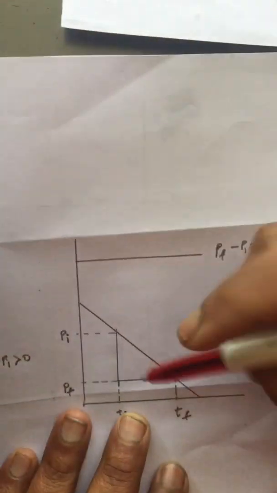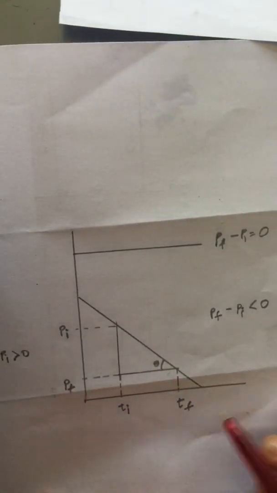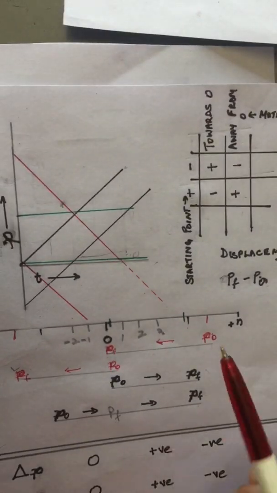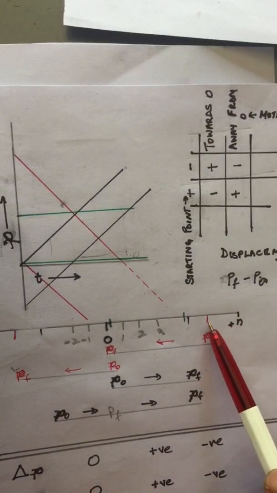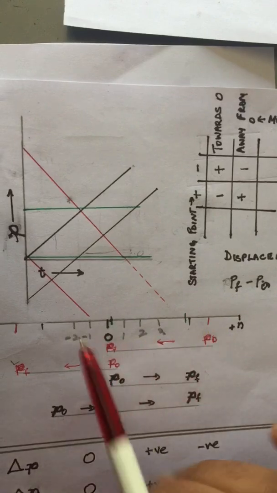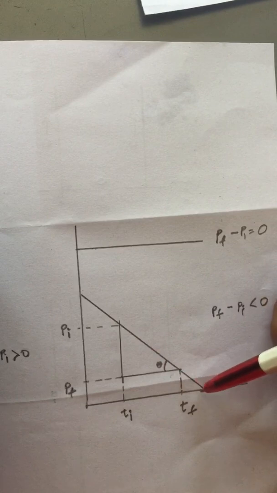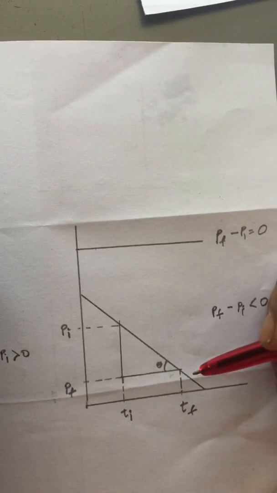In the second case, let us take, as time proceeds, we find that the object is moving towards zero. If you remember, this means that we start off with a positive value and we move towards zero.